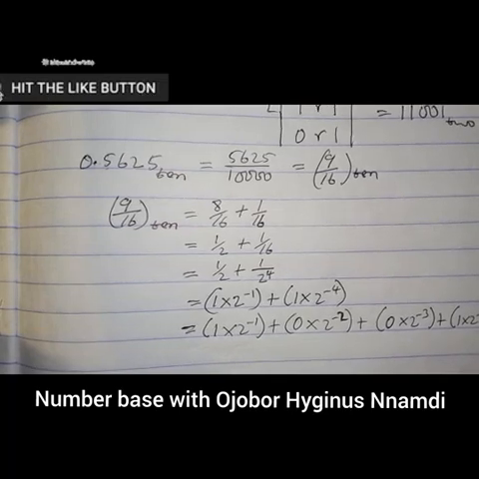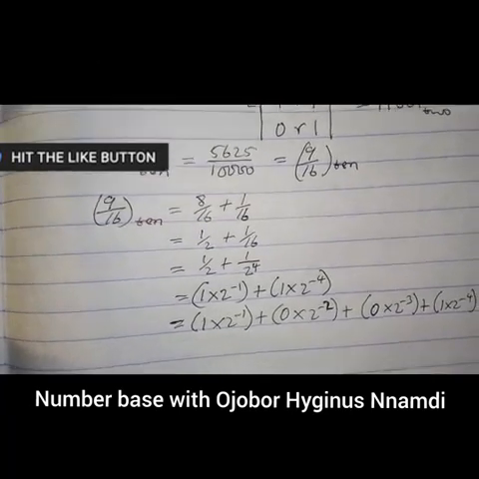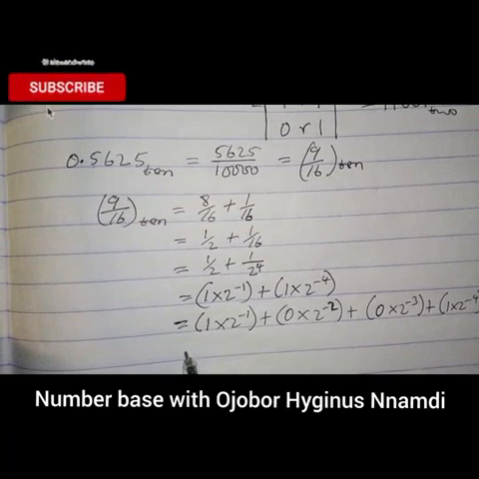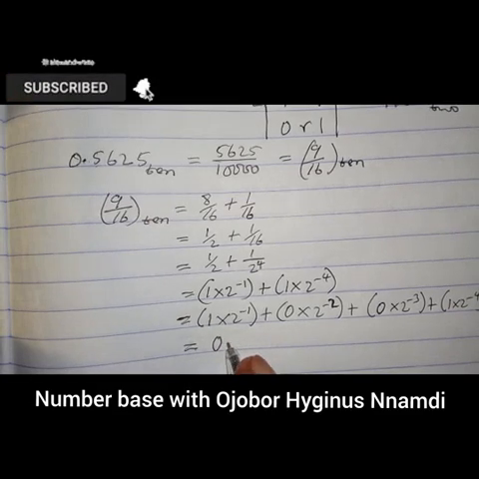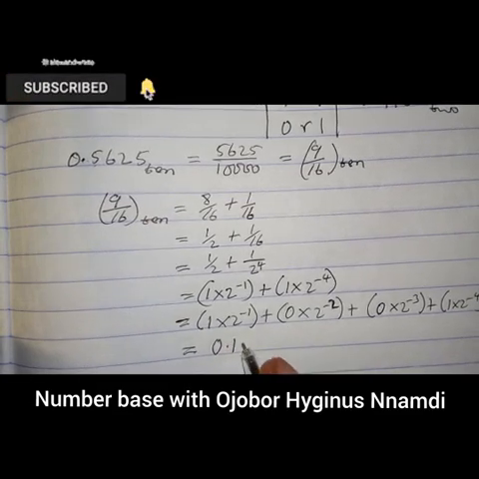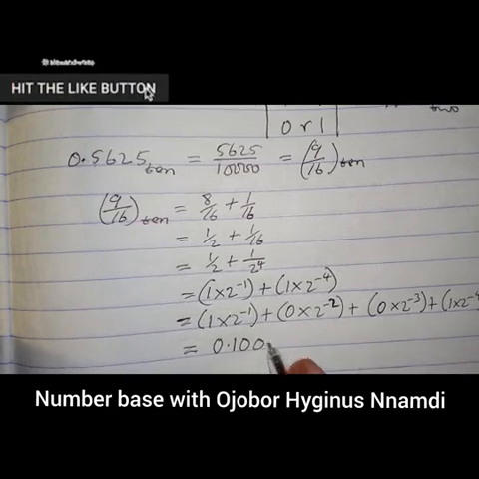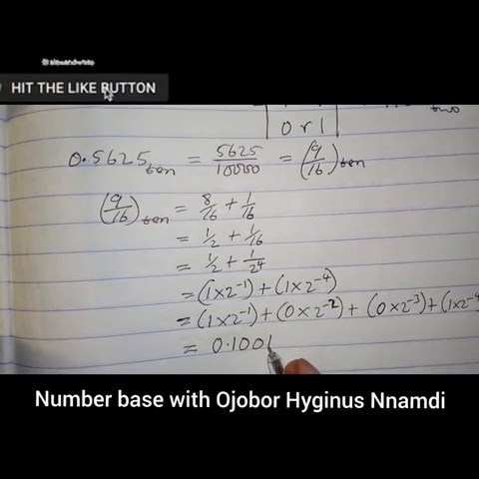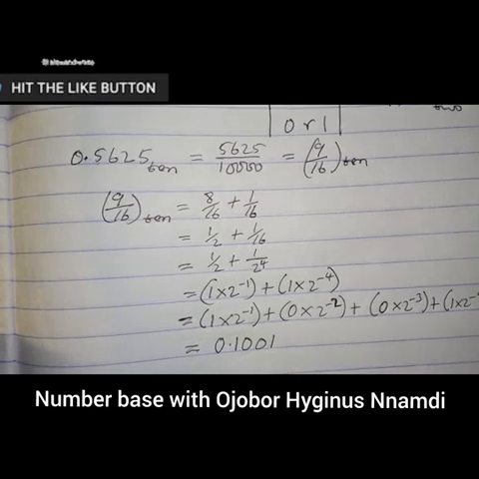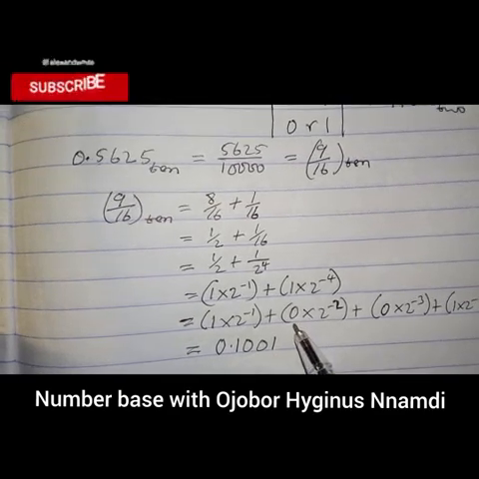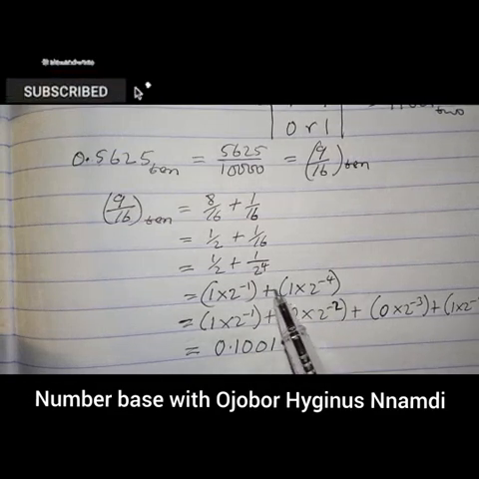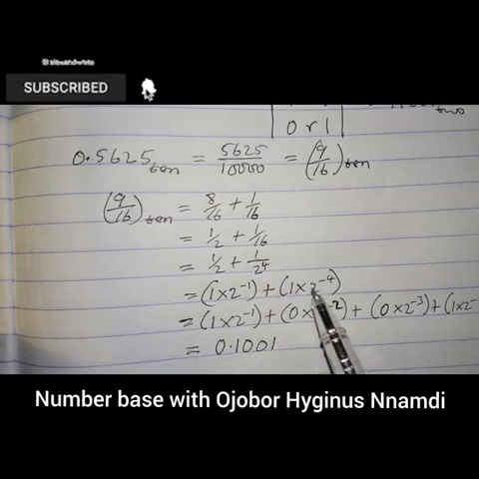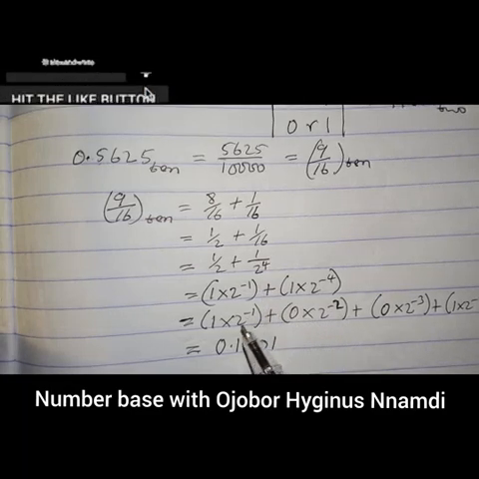And you can see that from here, if we take it back to what we have, the number here is 0 point, we have 1 0 0 then 1. That is how you convert it. I mean that all positions must be represented. You cannot have just minus 1 and minus 4, because there are positions in between minus 1 and minus 4, which are minus 2 and minus 3.